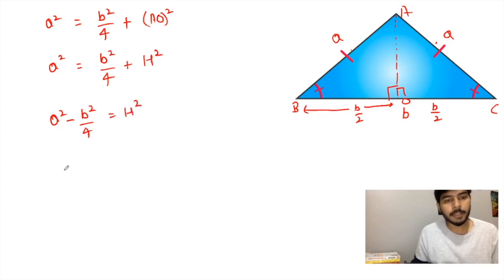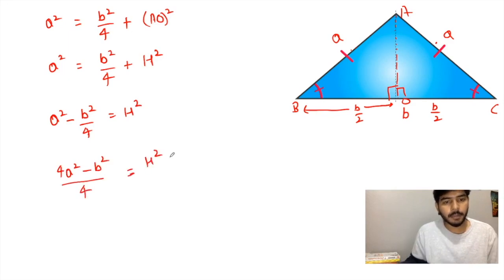If I take the LCM, then I can write this like this: 4A square minus B square upon 4. If I move this square from this side, there will be a root, and 1 upon 2 will be outside of this root, and I can write 4A square minus B square.